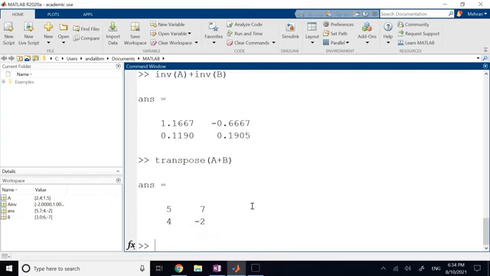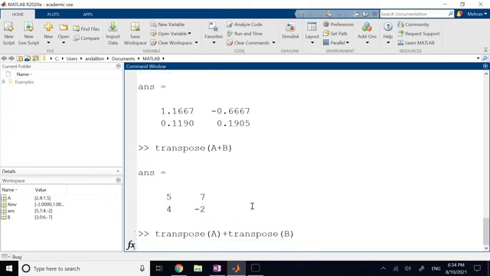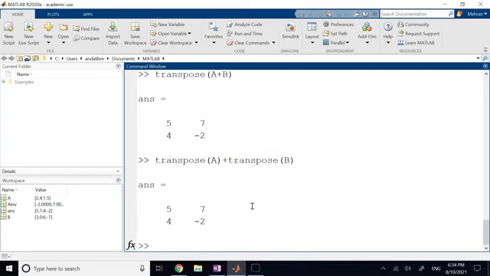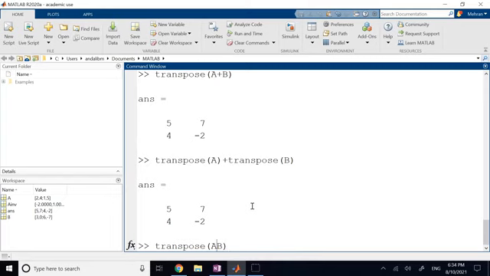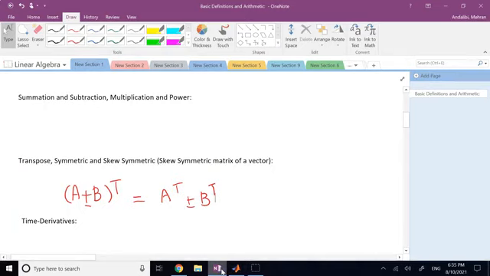So this is transpose of A plus B, and then transpose of A plus transpose of B is the same thing, okay? So the answer was yes, you can apply the transpose to the addition or subtraction, right? And here you can see them applied to the subtraction. The result is the same, but definitely not the inverse.